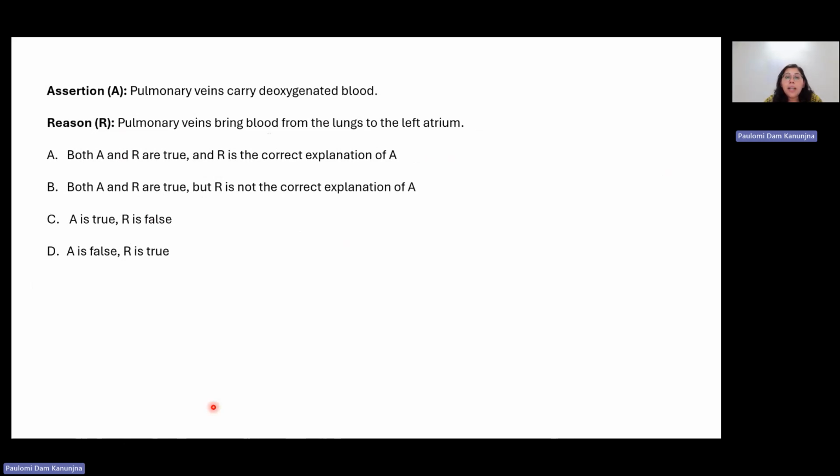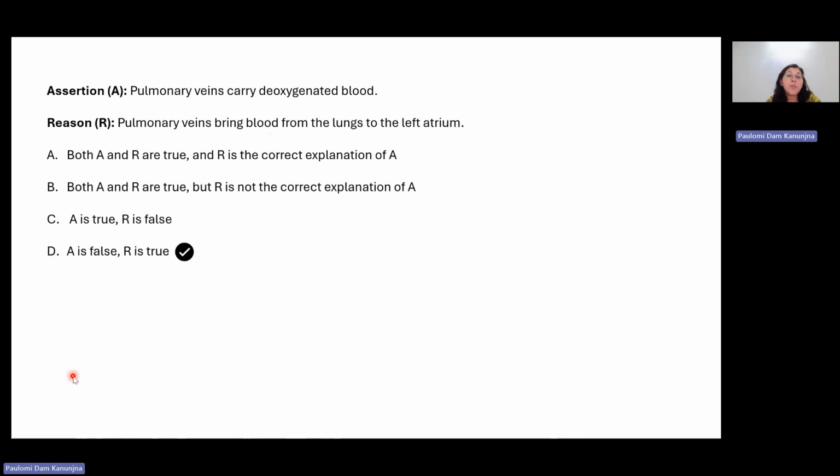Next one, pulmonary veins carry deoxygenated blood because pulmonary veins bring blood from lungs to the left atrium. So I hope you know the answer. It was A is false and R is true.